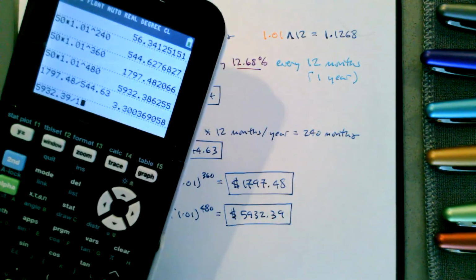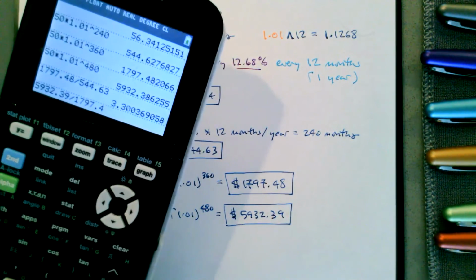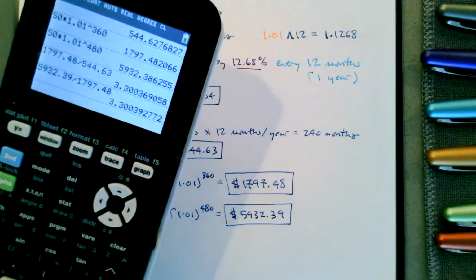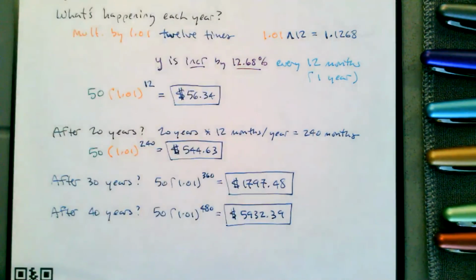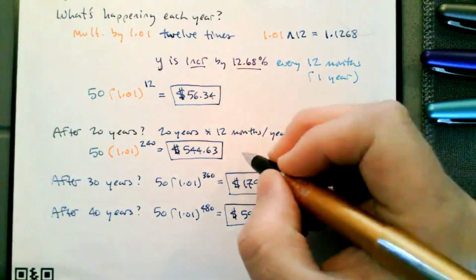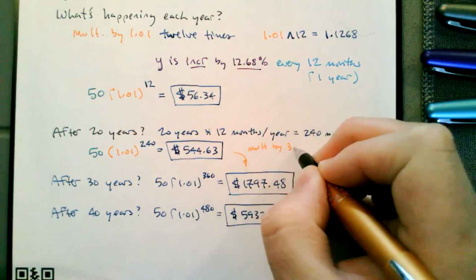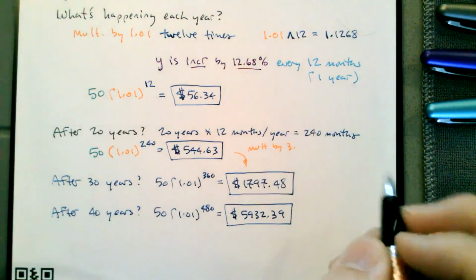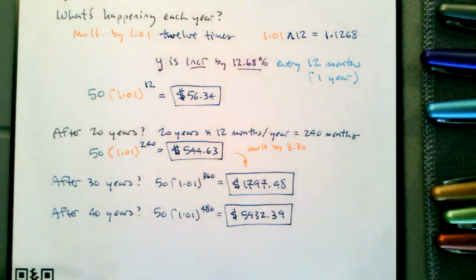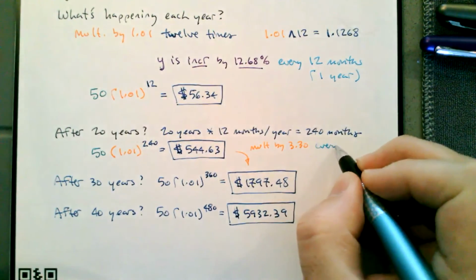5932.39 divided by 1797.48 is another multiplier of 3.03. So what we're seeing is that 1% every month is 12.68% every year, and that's a multiplier of 3.30 every 10 years.